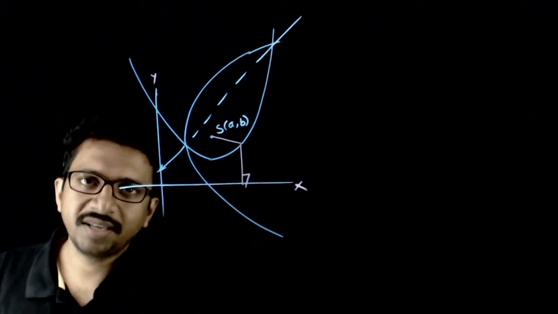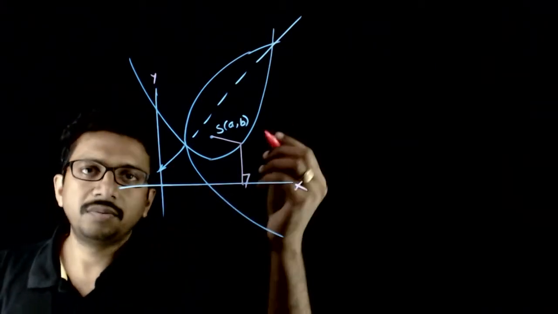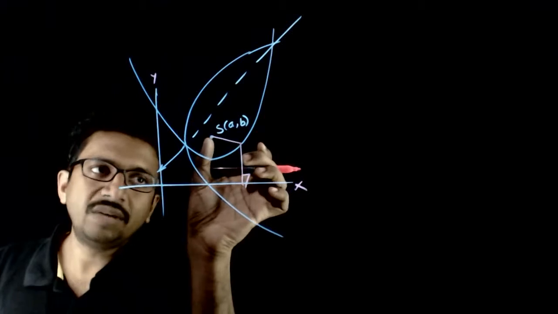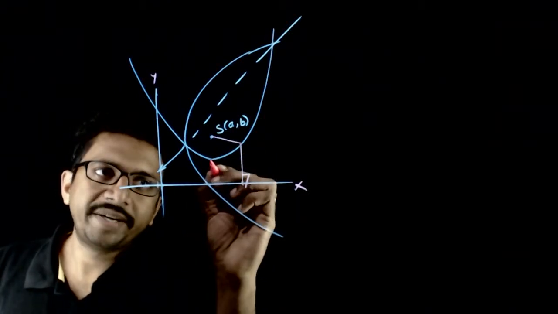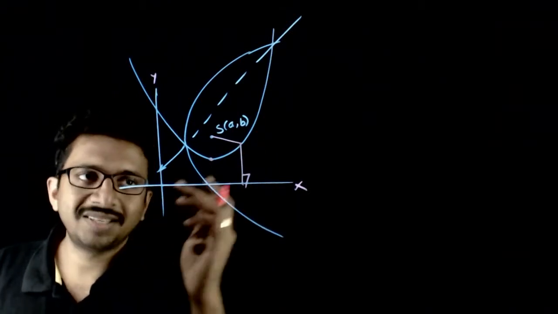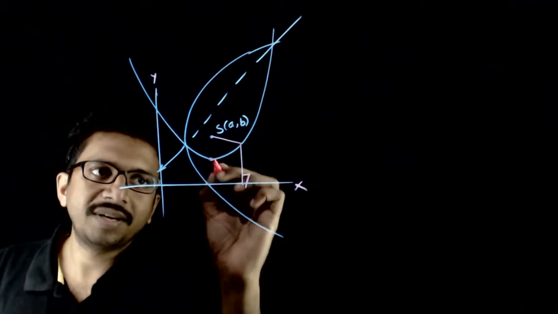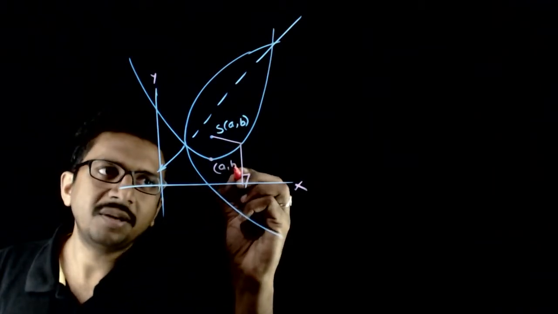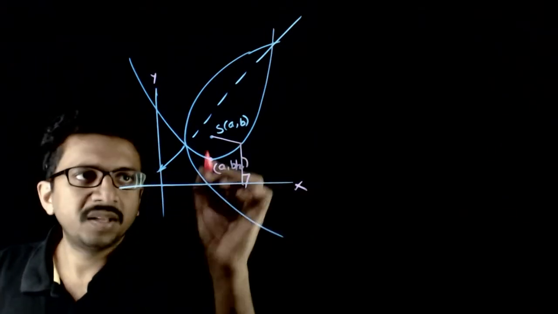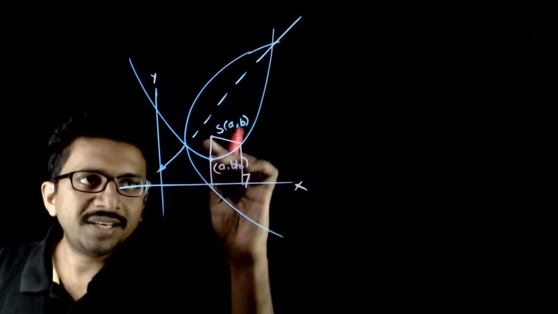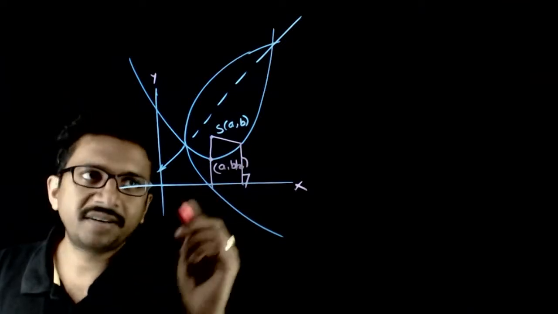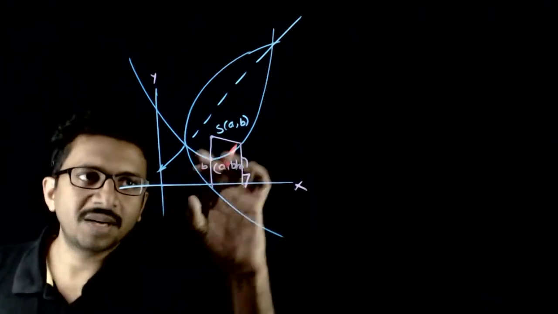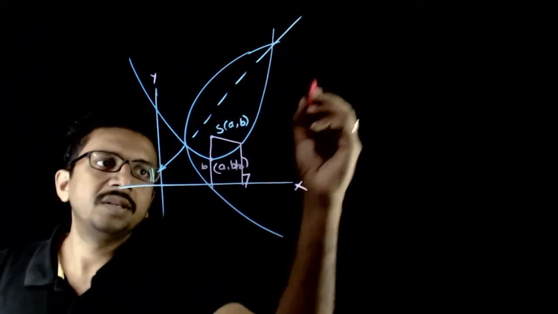What is the vertex of this? The vertex has the same x coordinate, (a, b/2), and the distance between the focus and directrix is b. That means the latus rectum is 2b.